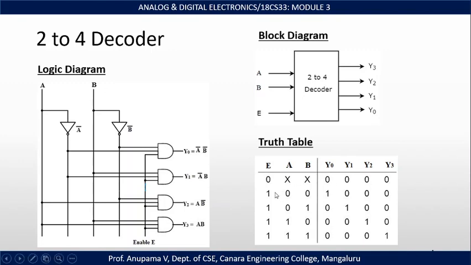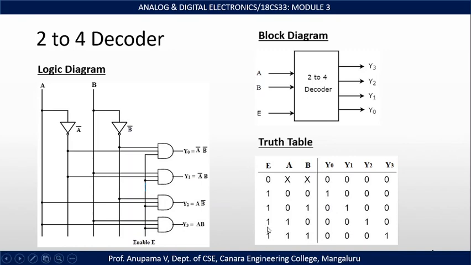When enable equal to 1 and AB are set to 0, then Y0 will be 1, and when enable equal to 1 and A is set to 0 and B is set to 1, then Y1 will be equal to 1 and remaining output will be set to 0.